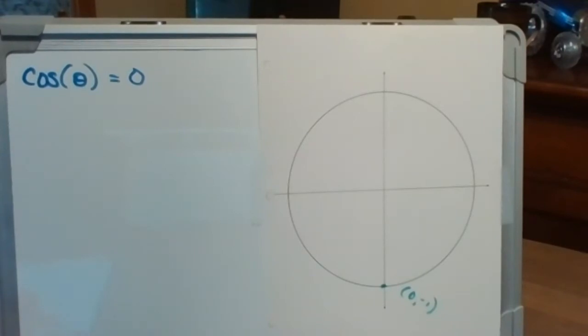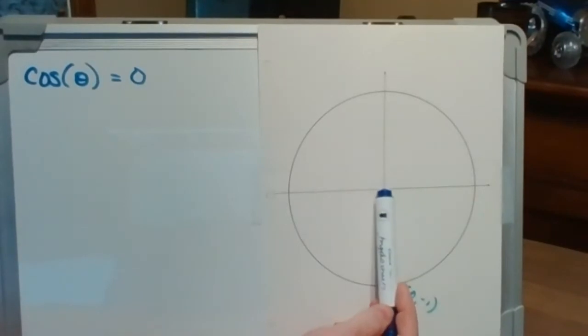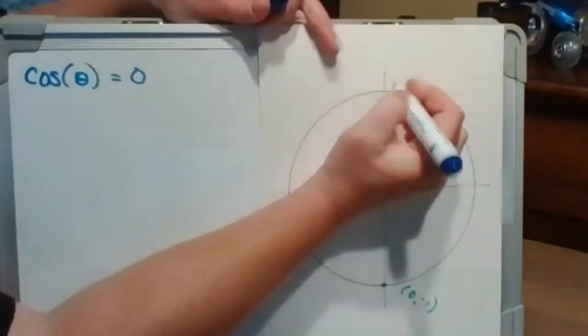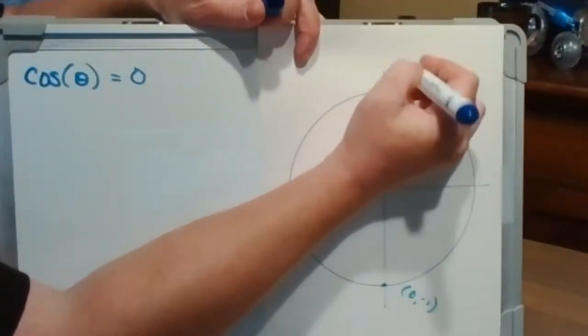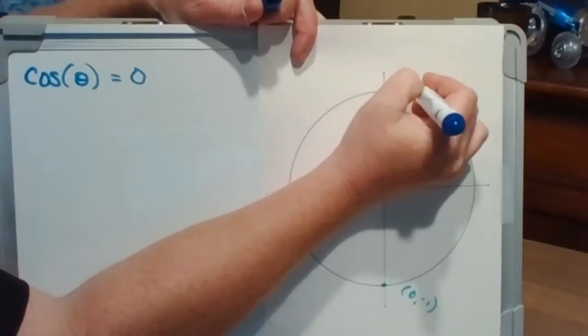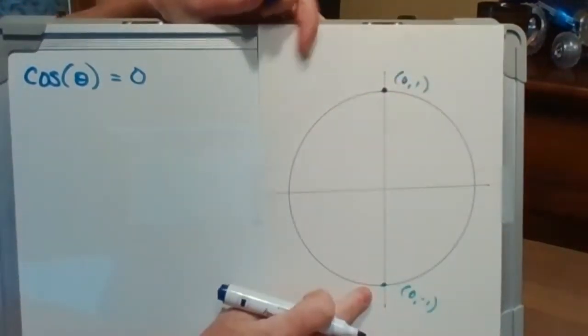We know that cosine means the x value. So we're trying to find what angle has an x value of 0. Well, if we have an x value of 0, then that means that we never get off the y-axis. So we're either going to be up here or down here.